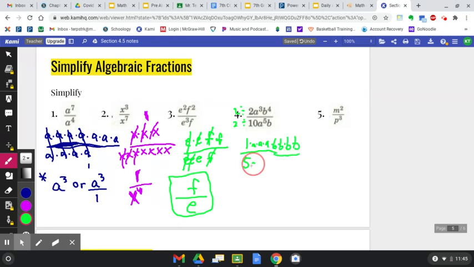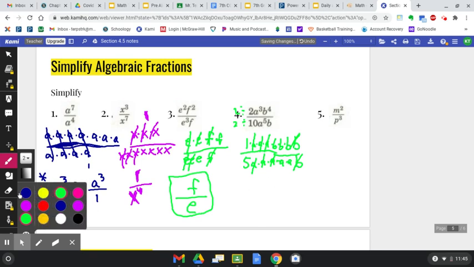Down here we have a to the fifth. And then b to the first. So I can cancel 3 of the a's and 1 of the b's.